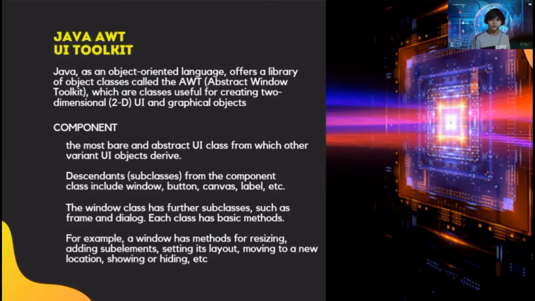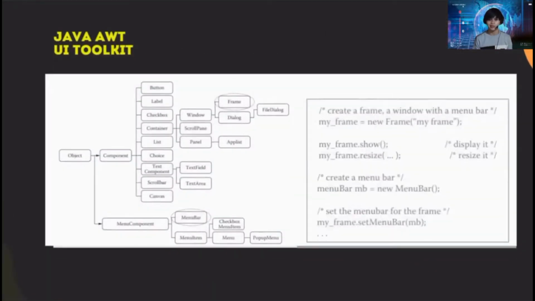For example, a window has methods for resizing, adding sub-elements, setting its layout, moving to a new location, or showing or hiding, etc. So again, the Java AWT Toolkit has its components, and the components have different subclasses that include the window, button, canvas, and label, and a window has subclasses which are the frame and the dialog. So that is the AWT, the Java AWT UI Toolkit.